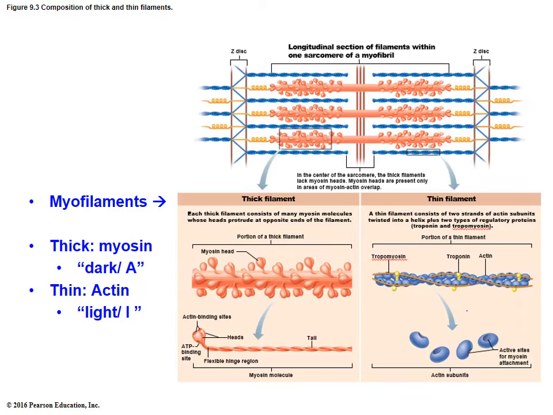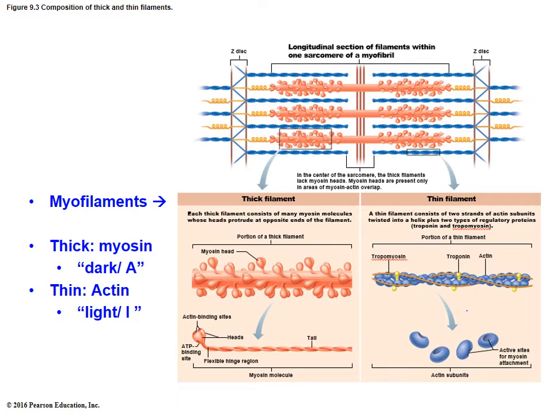For now, please know that the striations are due to the uniform pattern of the thin and the thick filaments. The sarcomere is the contractile unit and is composed of thick and thin filaments from one Z disc to the next. The thick filament is made out of myosin. The thin filament is made out of actin.